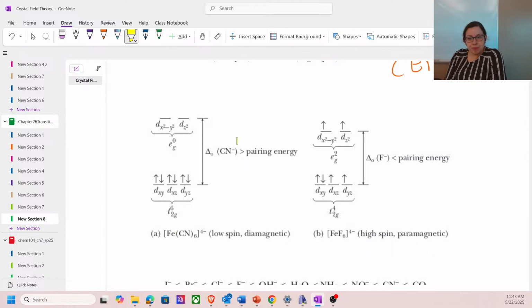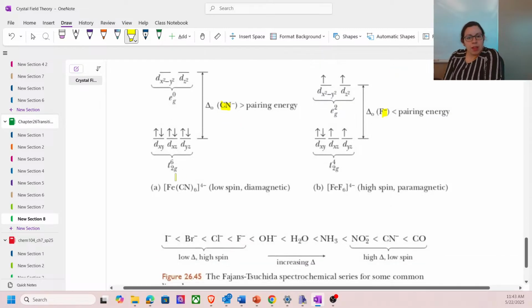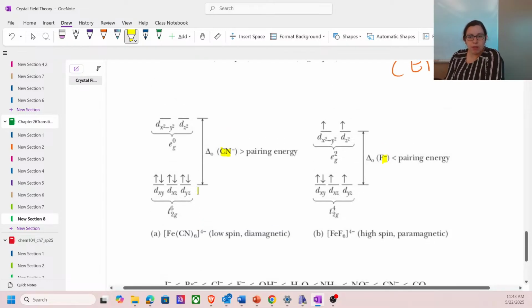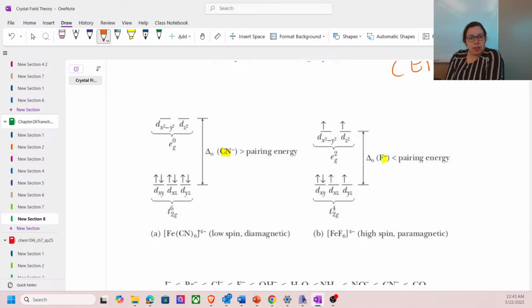So, these are both charged ligands, so they both have this -1 charge. So that's the same. The complexes both have a 4- charge, and it just so happens, so what's iron's oxidation state here?